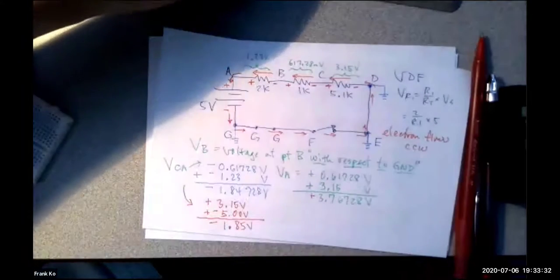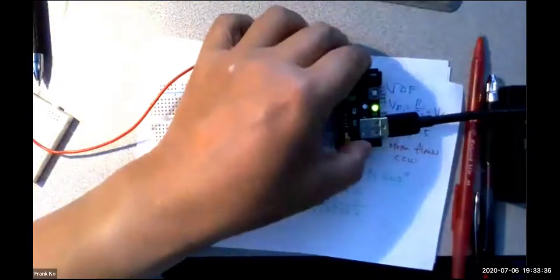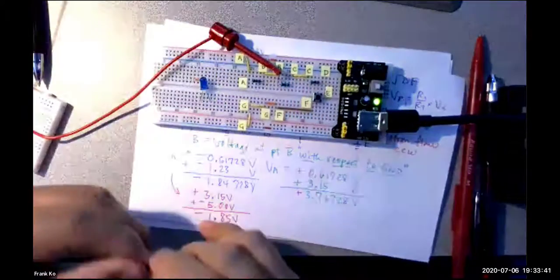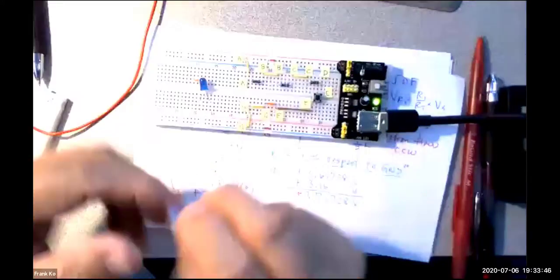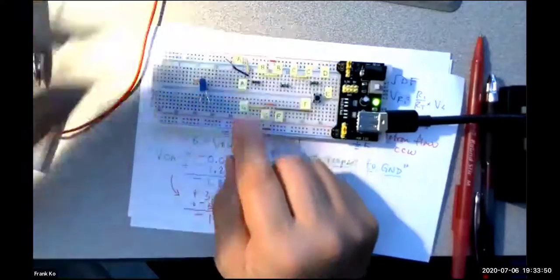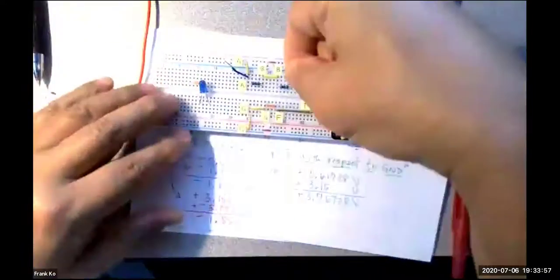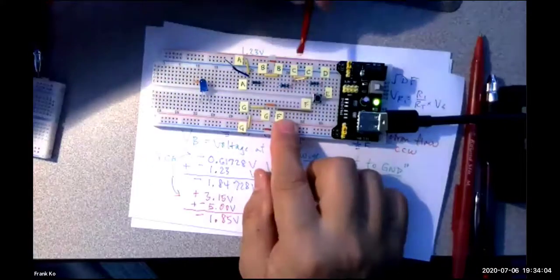Now we're going to measure this and see if we actually measure negative 1.85. So we said C to A. So this has got to go to point A. Move all this up. This has got to go to point A. So this is point A right here. That's where my black probe will go. And my red probe will go to point C. I will go ahead and put the red probe at point C right there.